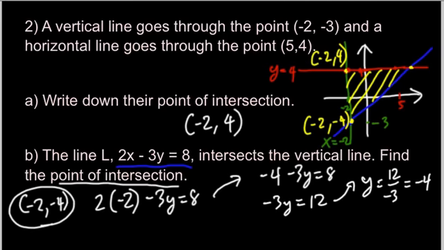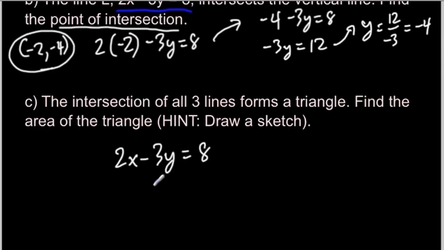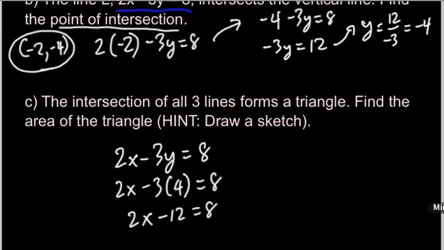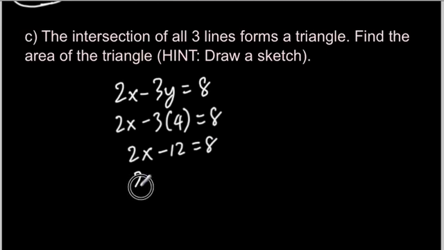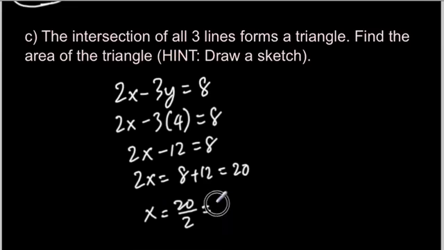So all we have to do is plug y equals 4 right here. So 2x minus 3 times 4 is equal to 8. So 2x minus 12 is equal to 8. And 2x is equal to 8 plus 12, which is equal to 20. So x is equal to 20 divided by 2, which is equal to 10.